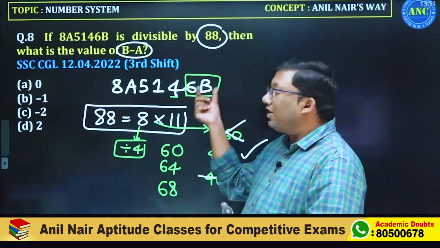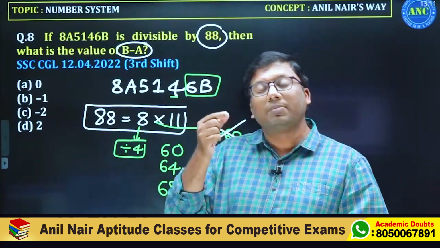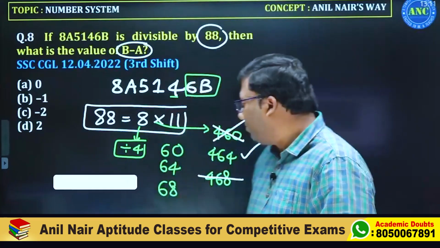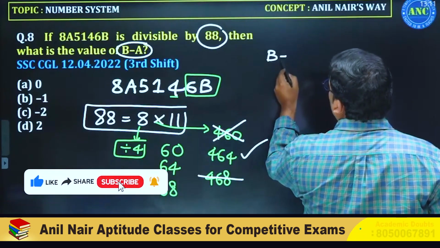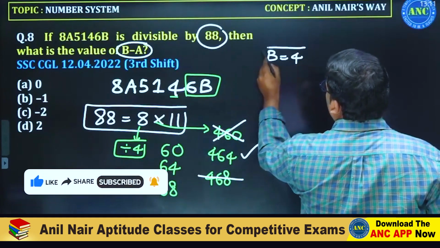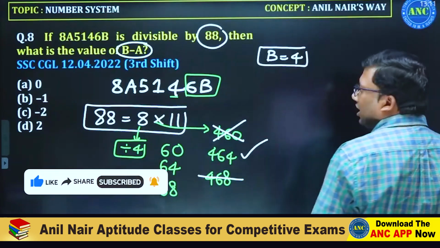That means for 46B to be divisible by 8, B should be 4. We got the value of B as 4.